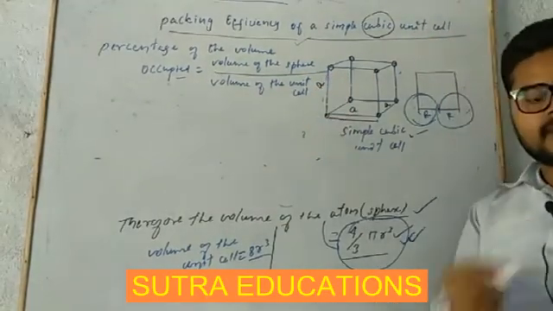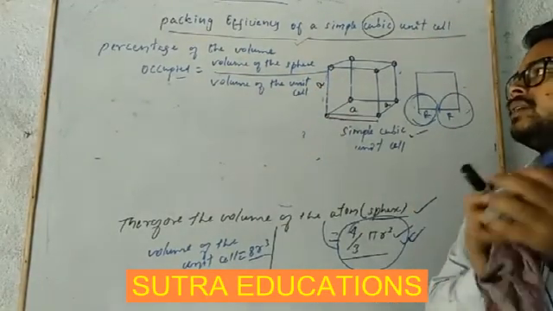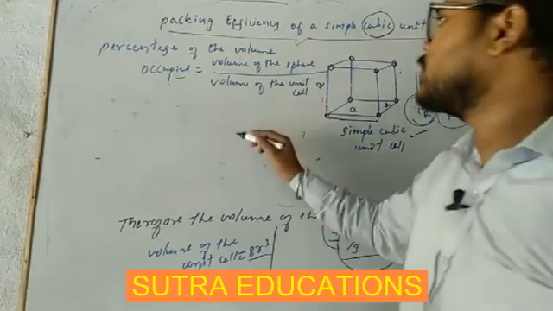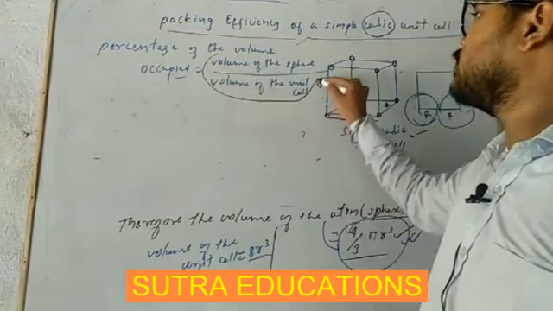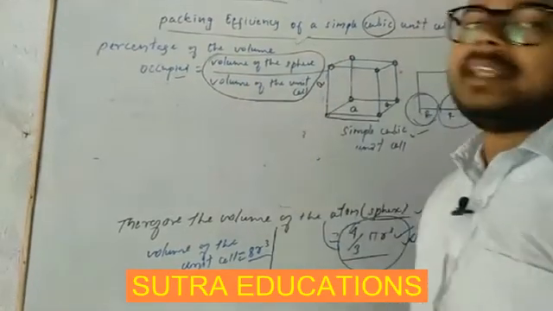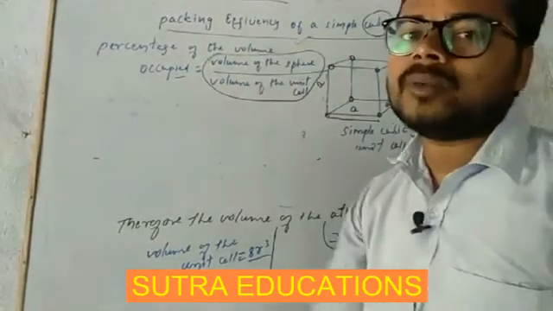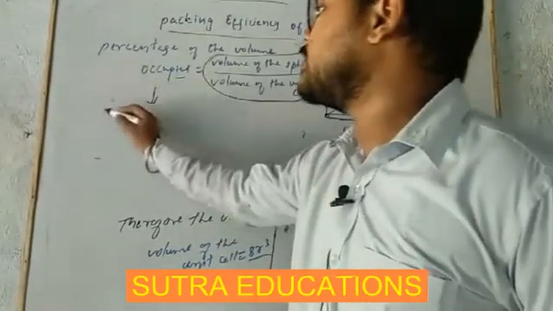Got it? It is the percentage of the volume occupied, and it is given by volume of the sphere upon volume of the unit cell. And I have told you the percentage of the volume occupied is known as packing efficiency.